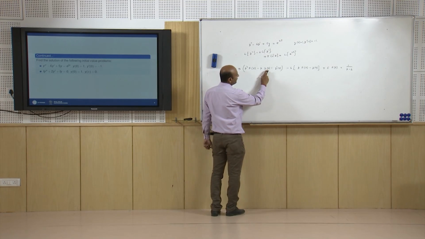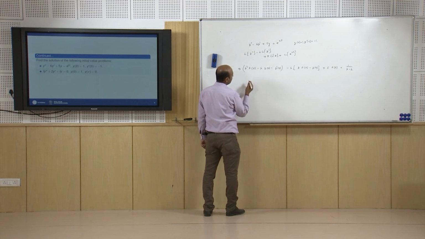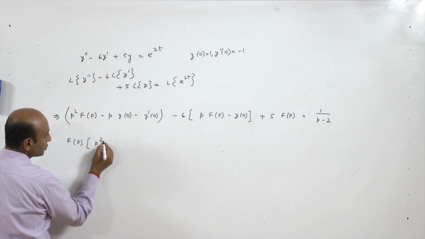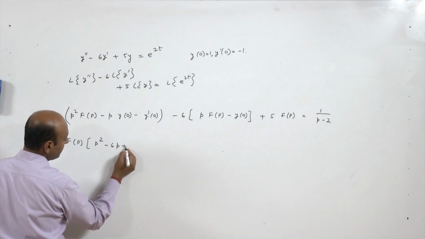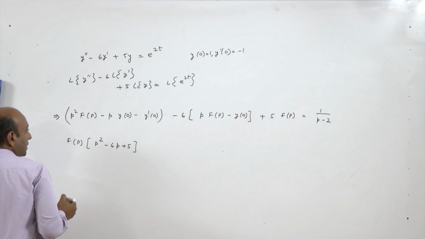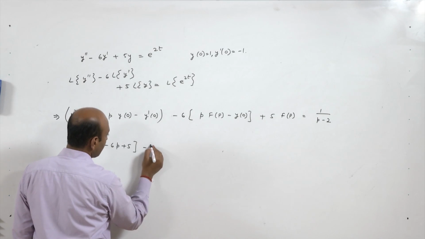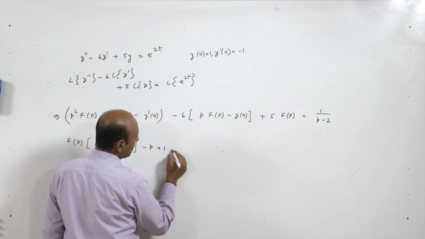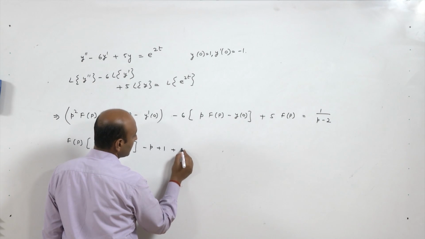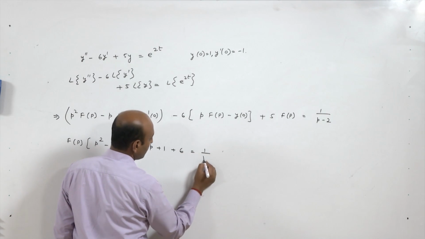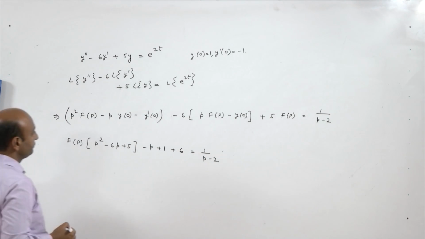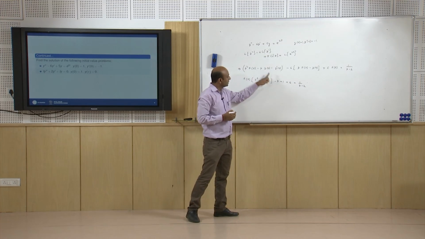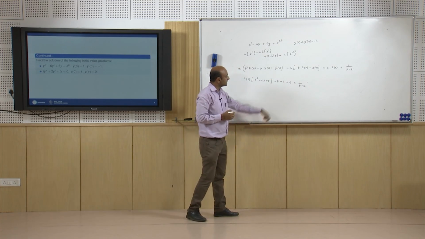So, y 0 is 1 and y dash 0 is minus 1, it is given. So, f p times p square minus 6 p plus 5, and y 0 is 1, so it is minus p, and minus minus plus 1, and plus 6 into 1 is 6, is equal to 1 upon p minus 2.